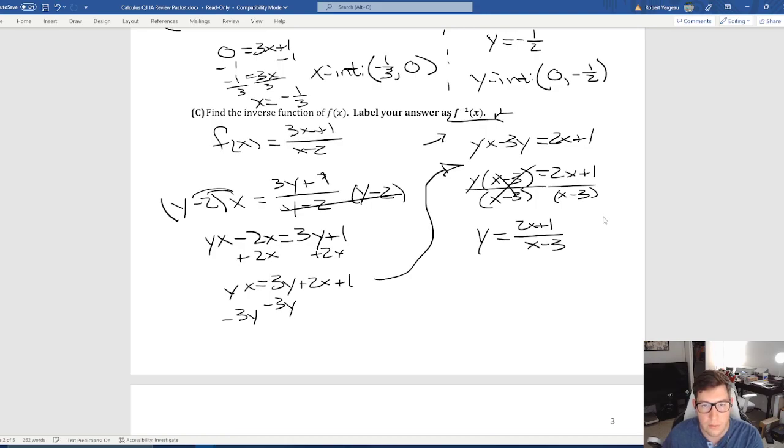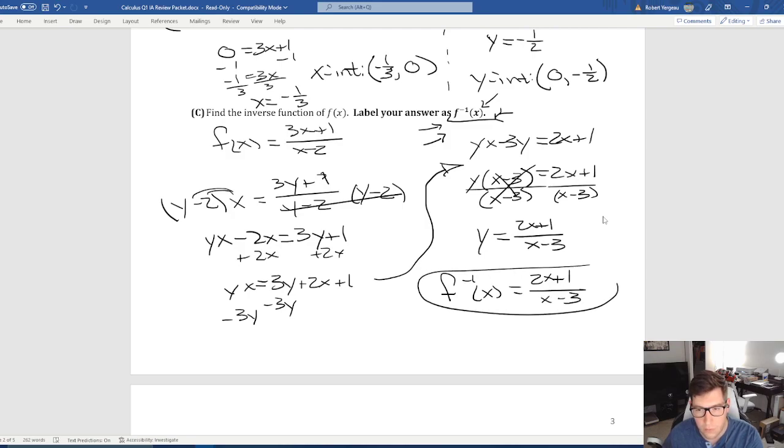These are in bold for a reason. We need to make sure that we are fully answering this question. So now that I have y equals, I'm going to rewrite that as f inverse of x. And so f inverse of x is equal to (2x plus 1) over (x minus 3). And that is our finished answer.